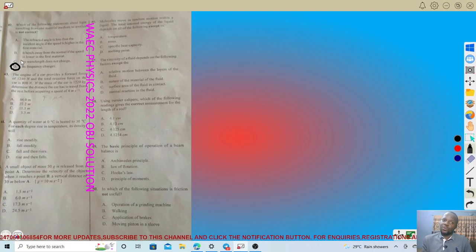Whether it is changing from one material to another, the frequency stays the same. So the statement that its frequency changes does not go with the fact that frequency remains constant when light is bending. Which statement about light traveling from one material to another is not correct? When light passes from one medium to another, it bends, and when it bends, it has been refracted. And during refraction, frequency remains the same.